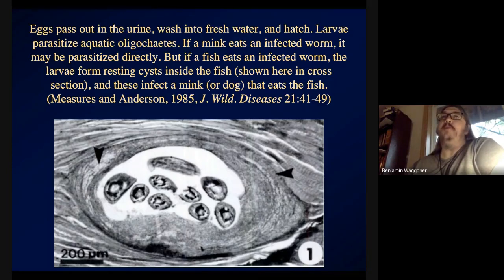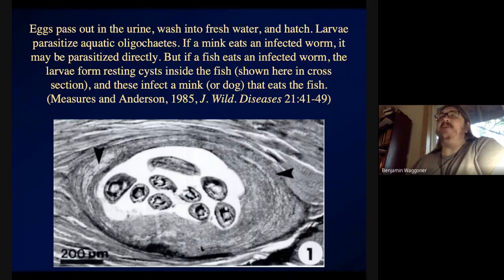Earthworms are an example, but there's also lots of small, thread-like, millimeter thick and maybe 10, 20 millimeters long, aquatic oligochaetes, ones that live in water. I showed you a picture of one called tubifex. Larvae parasitize those.